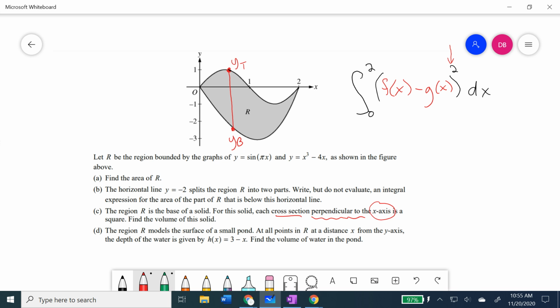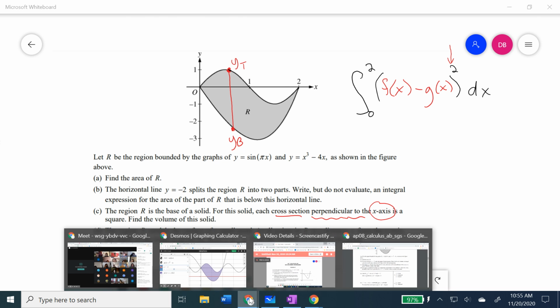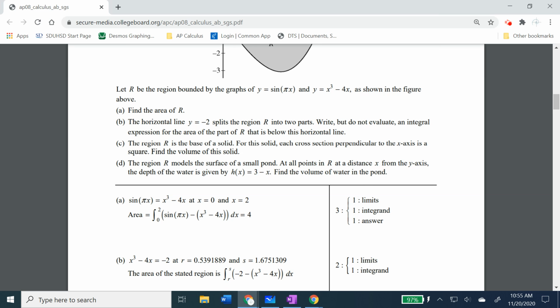So you are correct in this situation if you have the subtraction order reversed, but only because of it being squared. Then throw it in your calculator and let's look at the answer.